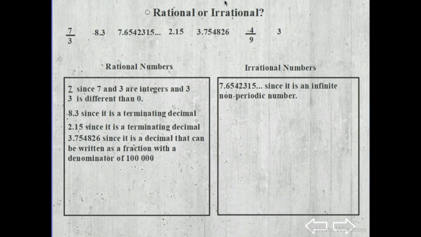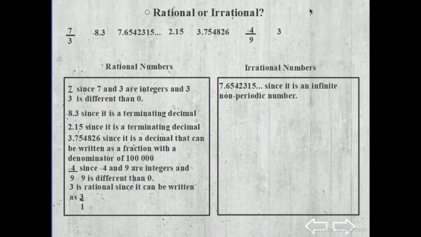This number is a rational number since it is a decimal that can be written as a fraction with a denominator of 100,000. Negative 4 over 9 is a rational number since negative 4 and 9 are integers and 9 is different than 0. 3 is a rational number since it can be written as 3 over 1.